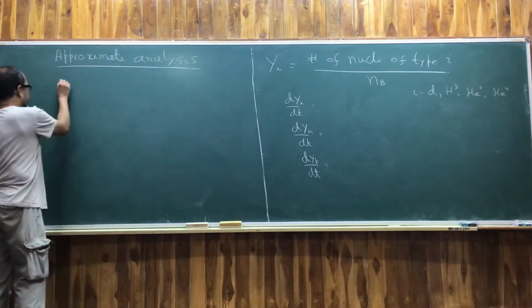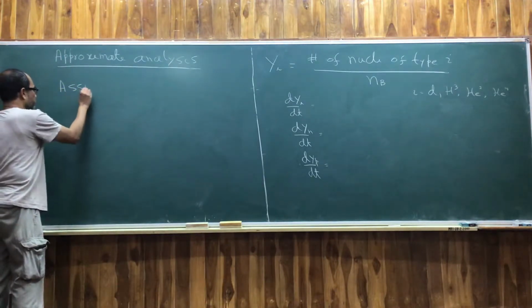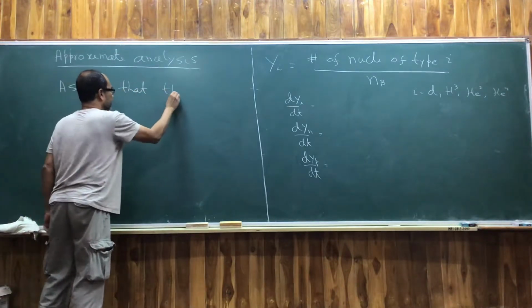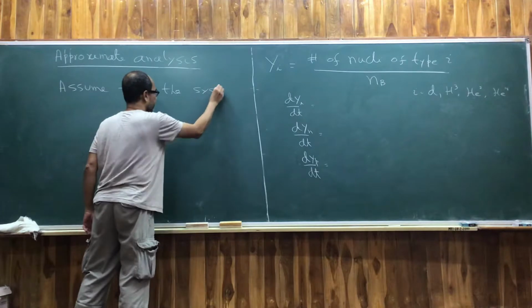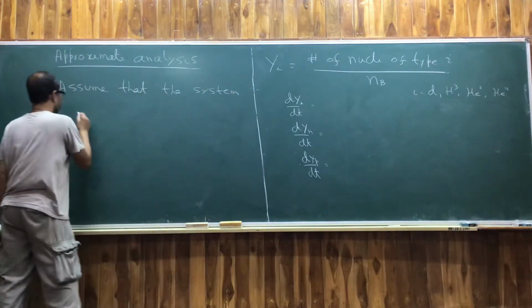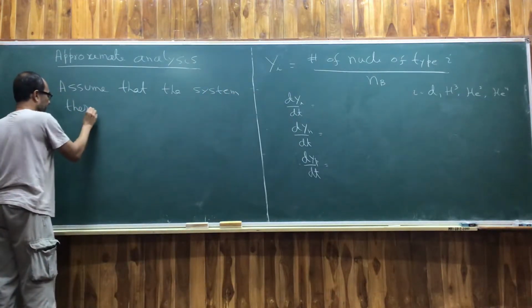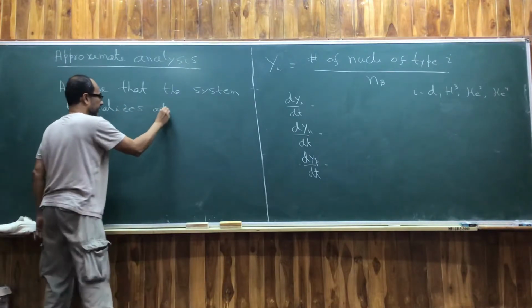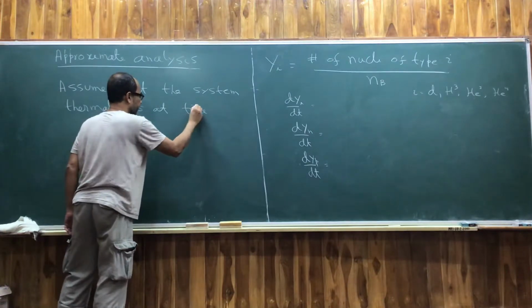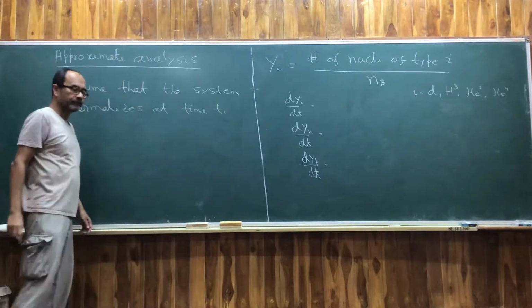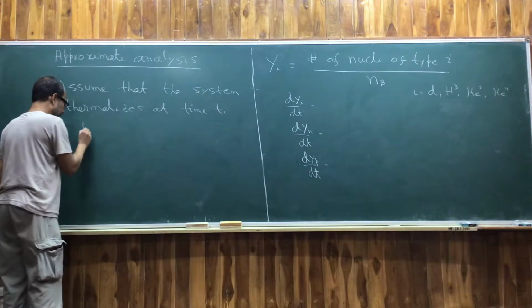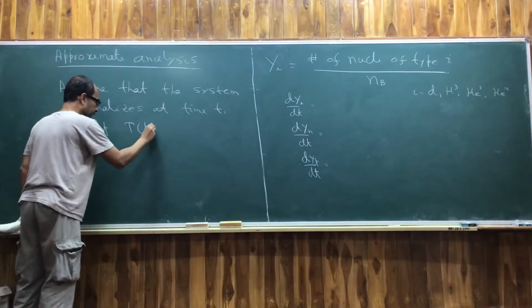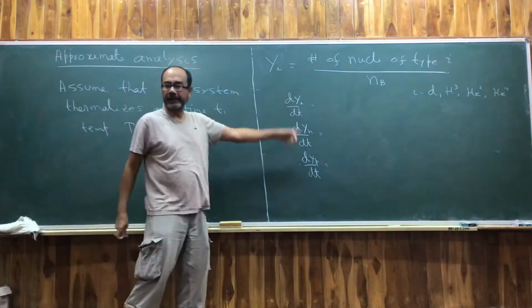So let me state again. We assume that the system thermalizes at time T1, and the corresponding temperature is T of T1, which is laid out from the table that I wrote down.